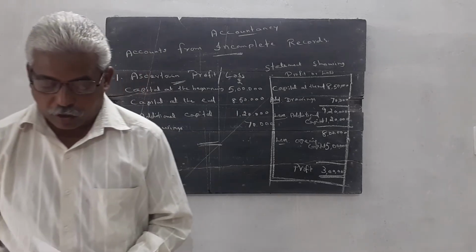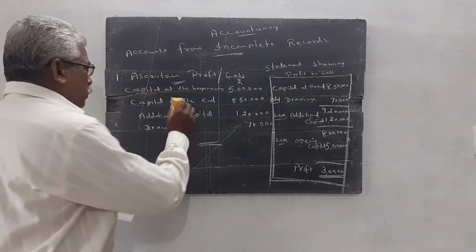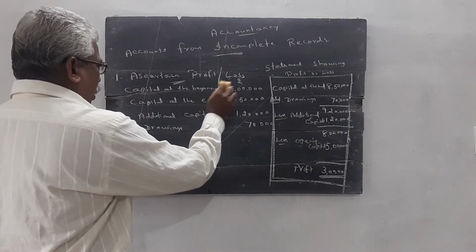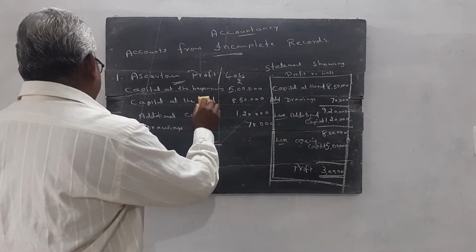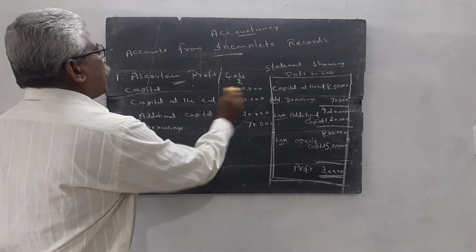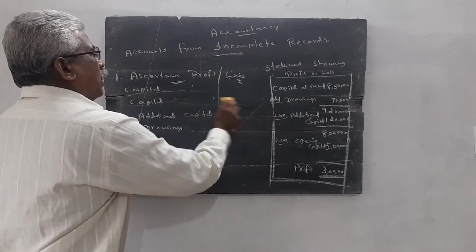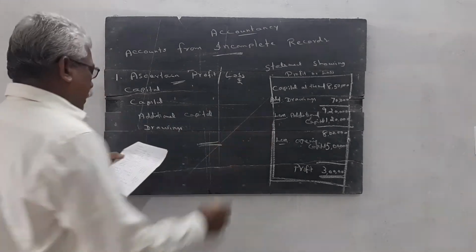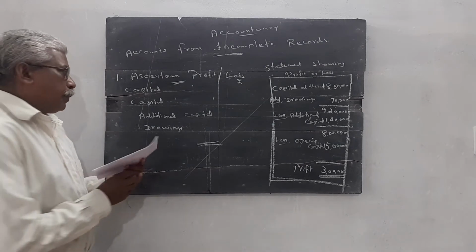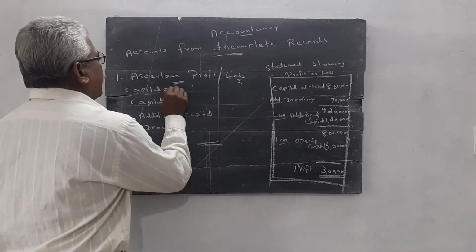Then I want to give the second question. Ascertain profit or loss. Same procedure but some different. Same question but some changes. Amount is changed. Then capital on here the date is given.